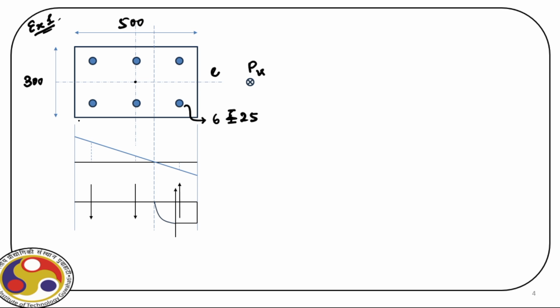Now this distance from the surface of the column to the center line is given, so this is 60 millimeter. So it includes clear cover plus half the diameter of the bar, so that is given.